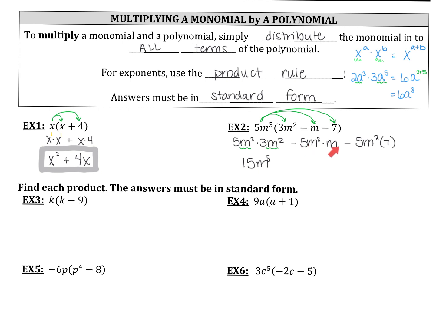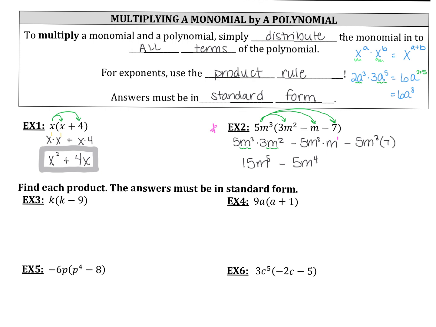Now I'm going to do the same thing over here, but what's the one thing I need to remember? It's worth putting a star by: this still has an exponent of 1. We can't forget that. Multiplying this would give me negative 5m to the 4th power.